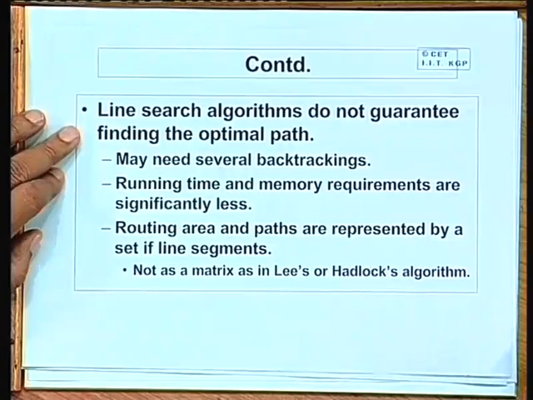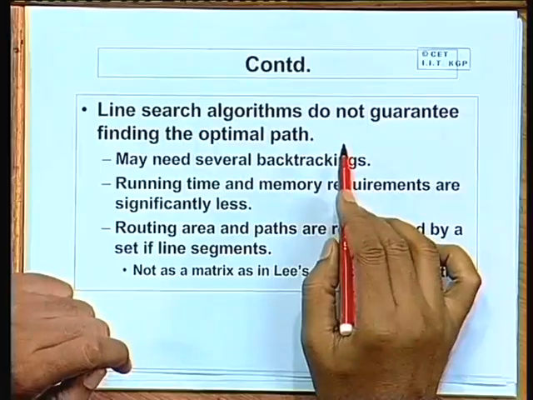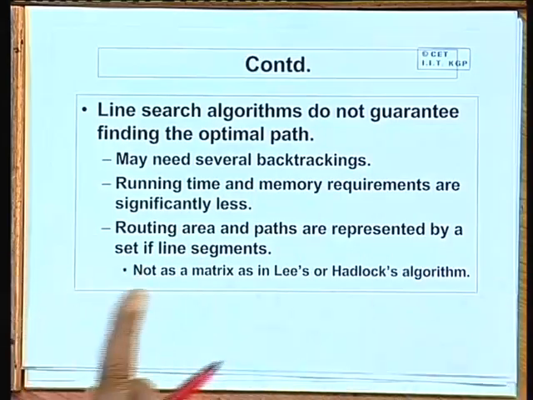But a point to note is that these line search algorithms do not always guarantee the optimal path. Well, you may find a path, but that may not be the best possible one, because you are always trying to find out the longest straight line segments and intersecting them and finding out, but there can be some shorter paths with a lot of bends. So here the number of bends in the wires are typically less.